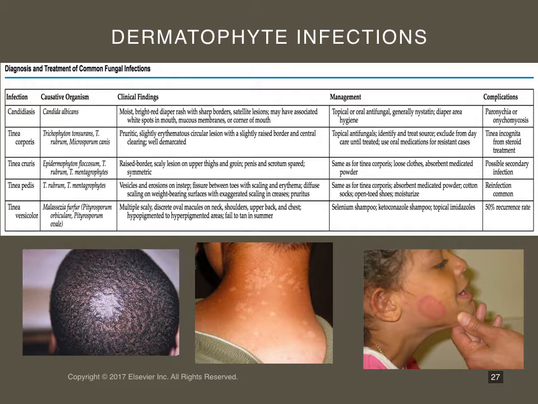And in this slide, you can see in the bottom left corner, there's a picture of tinea capitis, which is a dermatophyte infection of the scalp. You'll notice that in that area, there is hair loss. This is a typical finding. And in addition to hair loss, with closer examination, you'll see broken hairs.